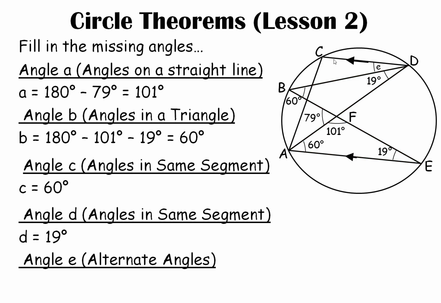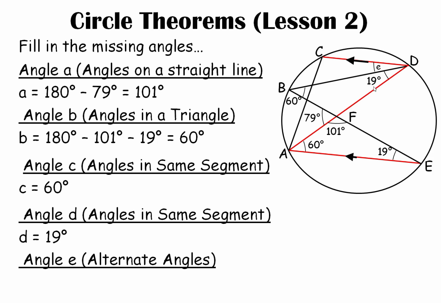All right, so angle E, alternate angles. Considering this diagram, line CD and line AE are parallel lines. You can see that by the arrows. The line that intersects these two lines forms alternate interior angles that are definitely equal.